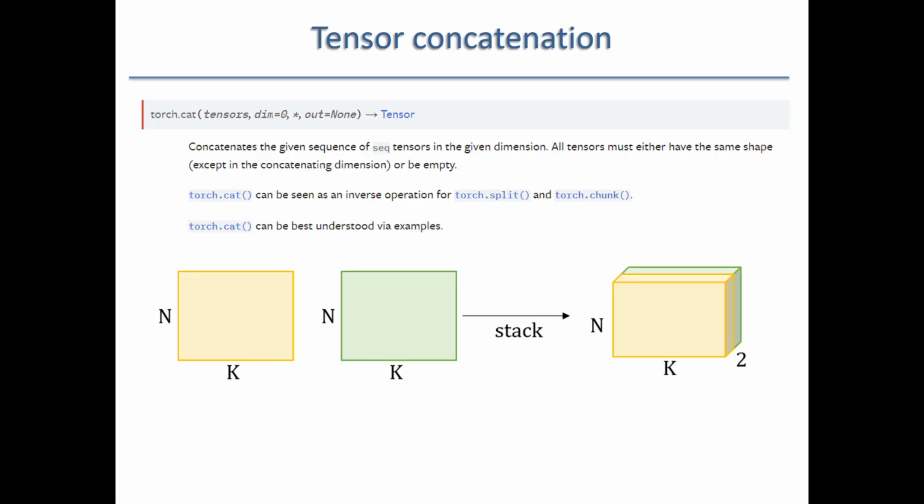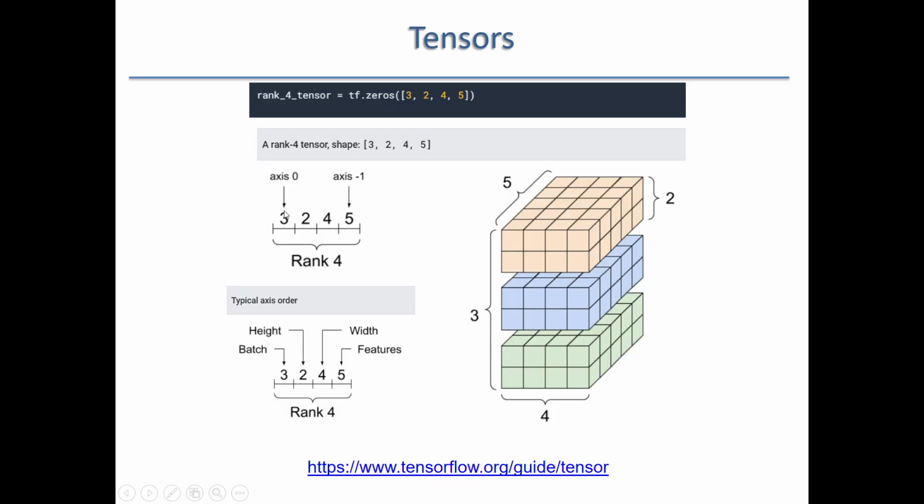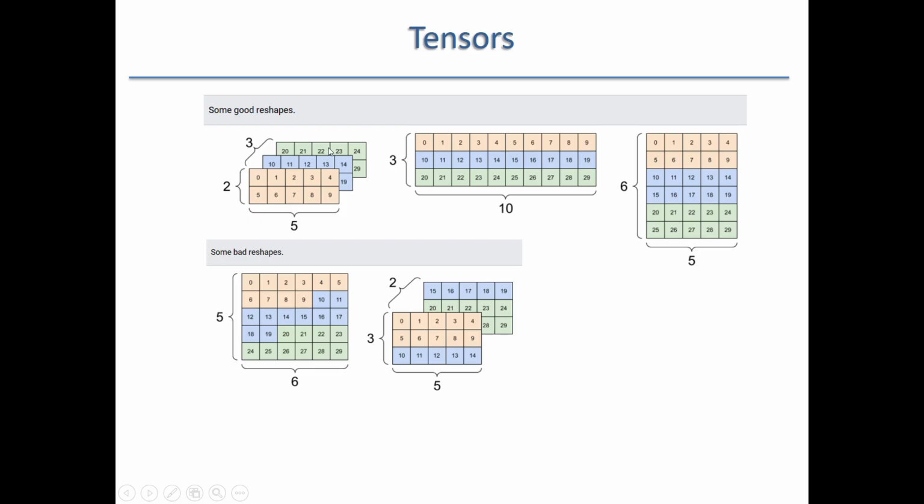Okay, what we said before, so you have 30 numbers in this tensor of size 3 times 2 times 5. So there are some good and bad reshapes. A good reshape is, let's say that we go from this 3 by 2 by 5 tensor to a 3 by 10 tensor.